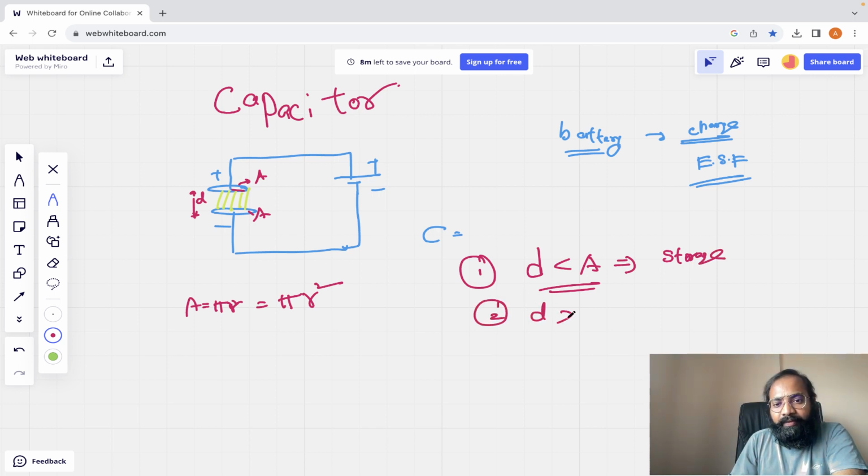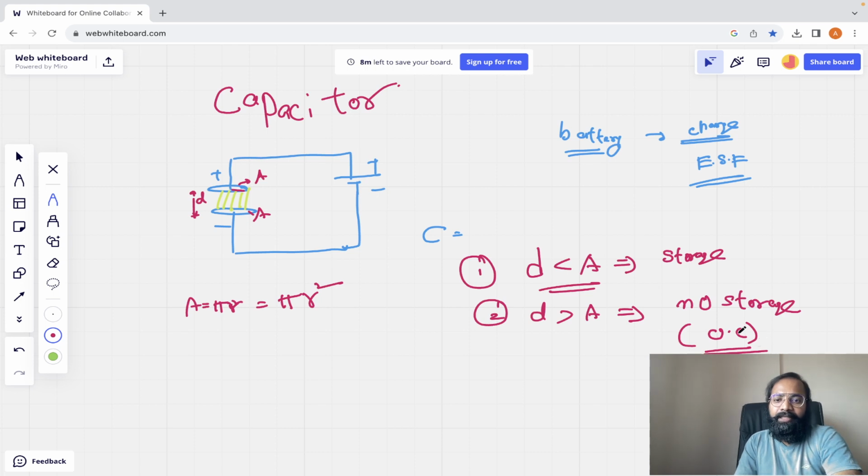Whenever the distance between the two plates is greater than the cross sectional area of the plates, there will be no storage. Then it simply acts like an open circuit. I hope that you understood these points.